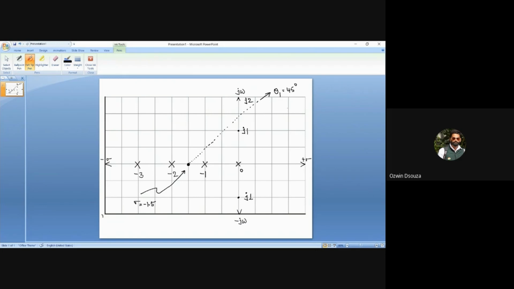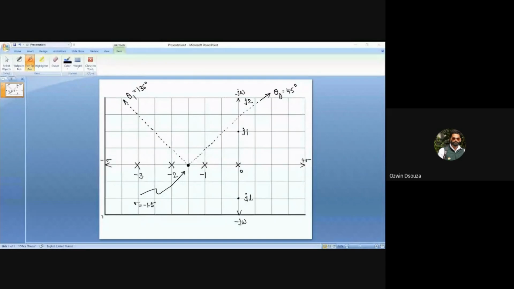But you use a protractor and draw the angles. And then 135. So this is theta naught, and this is theta 1, 135.